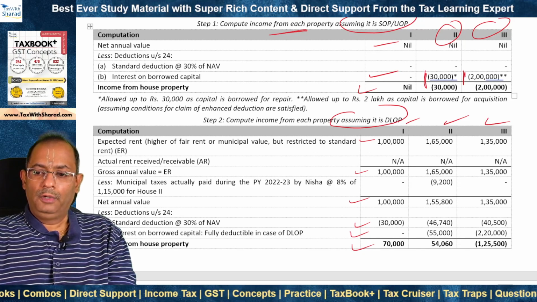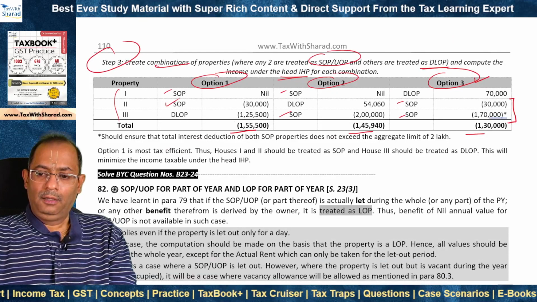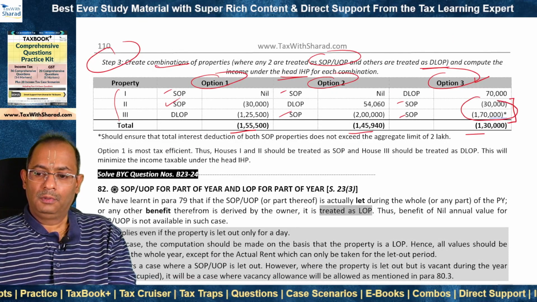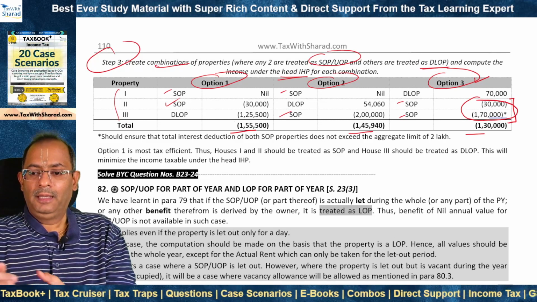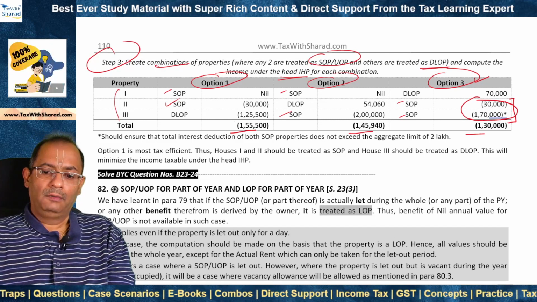So the total is 2 lakh 30,000. But the aggregate cannot exceed 2 lakh. So we have ensured while computing income from house property under this option that the aggregate doesn't exceed 2 lakh. And accordingly, we then compute the income from house property.